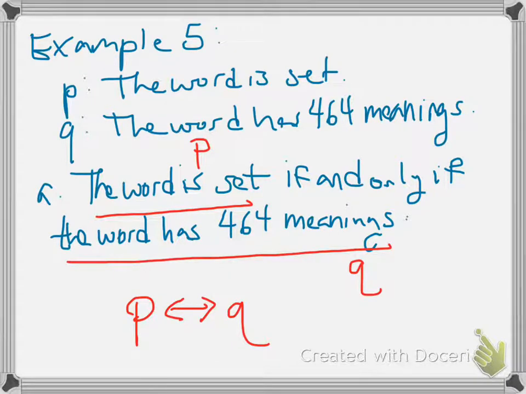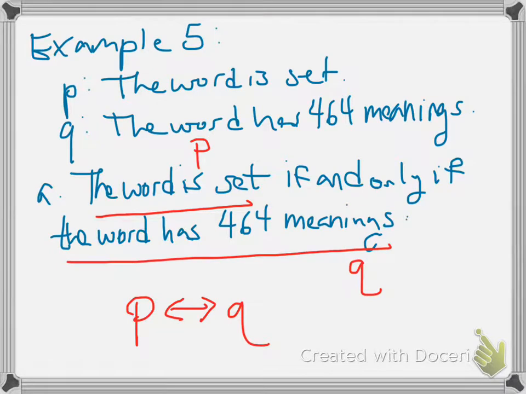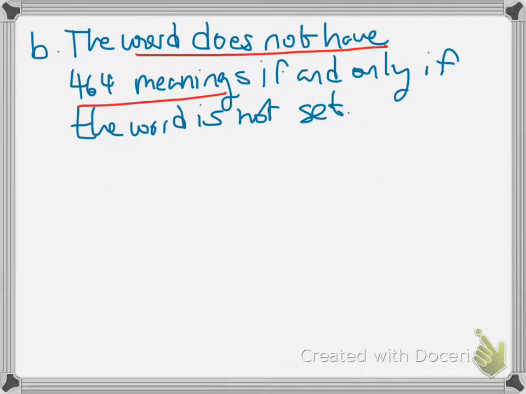All right. So then we're going to do another example, same statements. The word does not have 464 meanings. So that's got to be a negation since we're dealing with not. And that's going to be a negation of Q. So this is not Q. The word is not set.